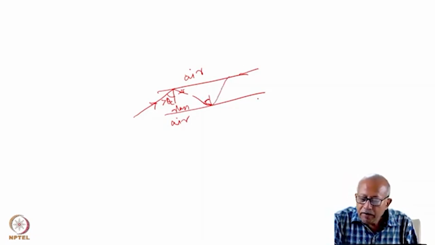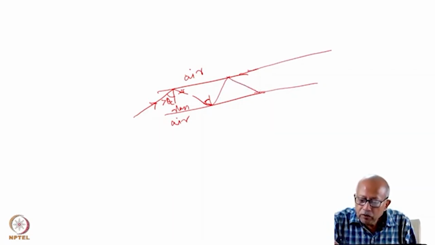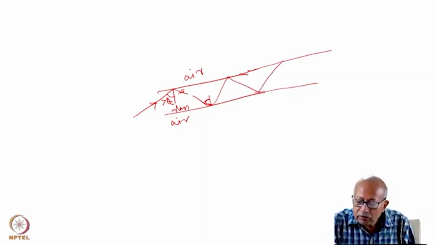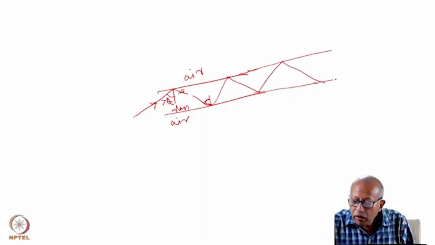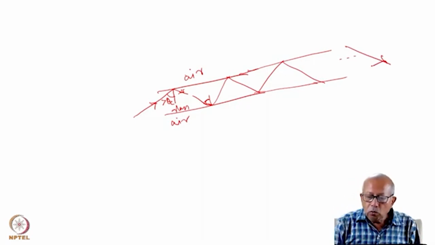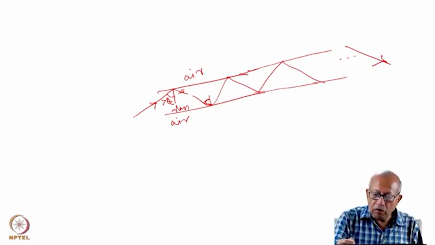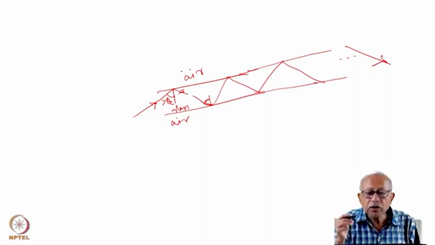And it will actually travel through the fiber through such a zigzag path and eventually reach the other end without any spillage of light through refraction.